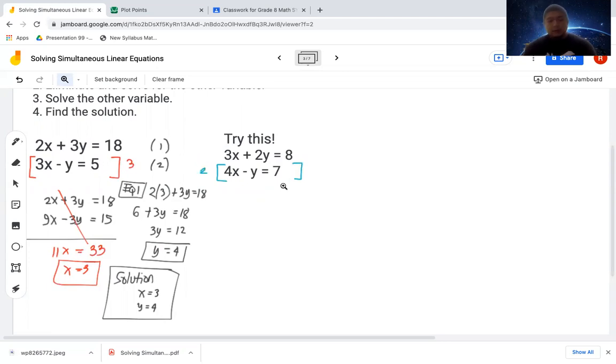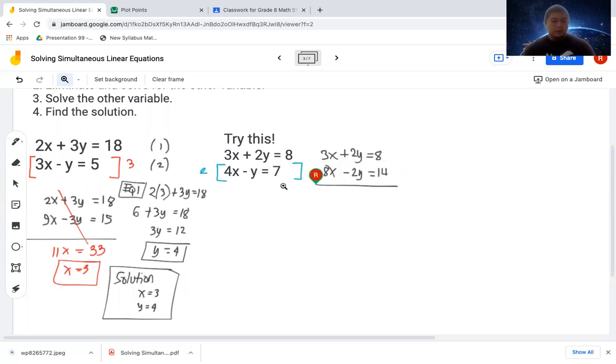Okay, so we know that the second term has to be multiplied by 2 so that we can eliminate it. So this is going to be a calculation of 3x plus 2y is equivalent to 8. Notice that the first equation didn't change, and the second equation will now give us 8x minus 2y is equivalent to 14.